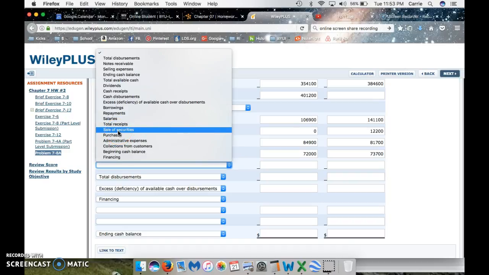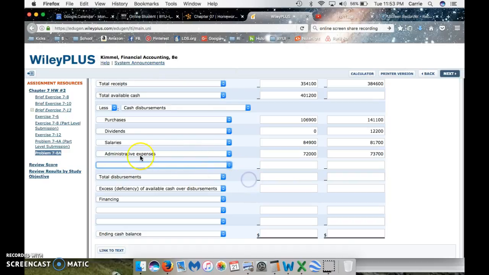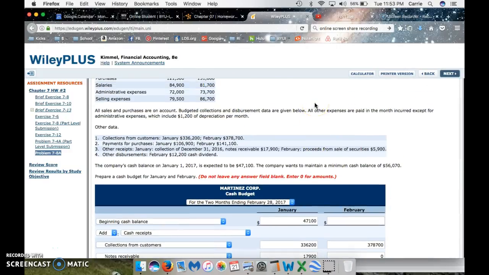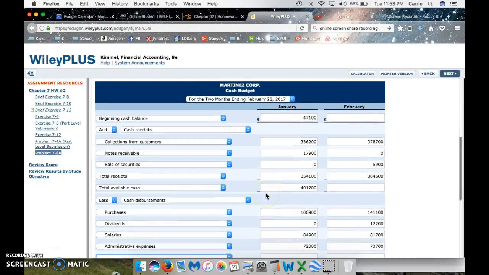Sale of securities. Oh, you know what? I just realized we forgot to take out that 1,200 from the administrative expenses. How much was that? Right there, 1,200.